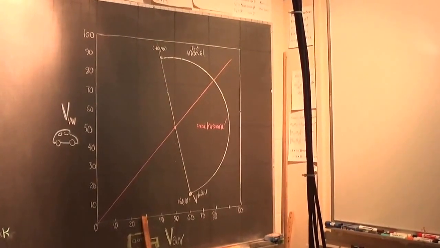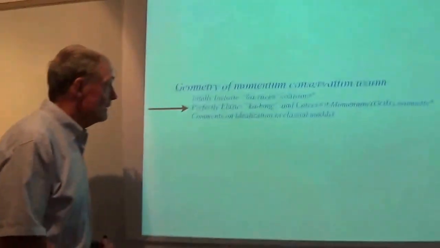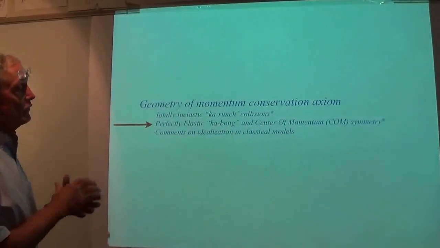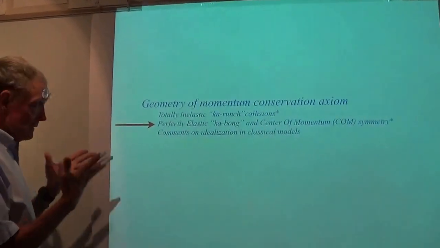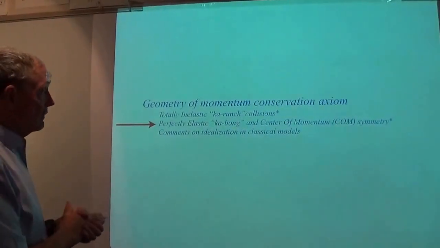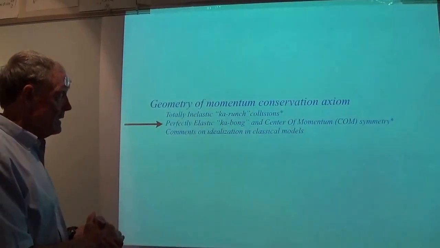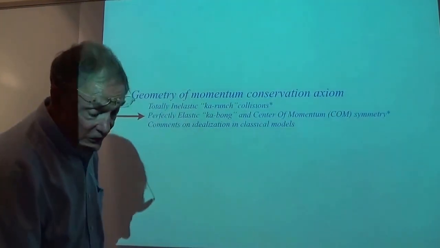Okay, so that's the thing that we are going to be using, the geometry that comes by taking advantage of this little pair of tricks. Now, before we go on, let's comment on idealization.